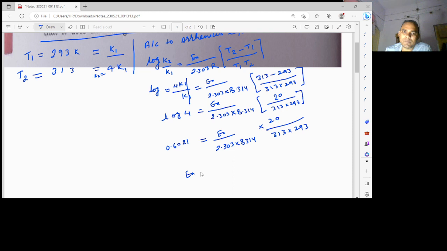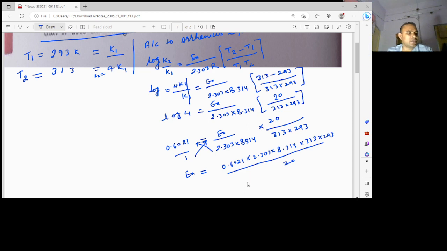So Ea is equal to 0.6021 into 2.303 into 8.314 multiplied by 313 multiplied by 293, divided by 20. We just cross multiply these things.